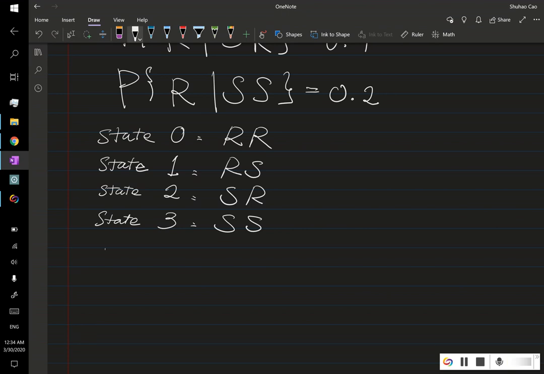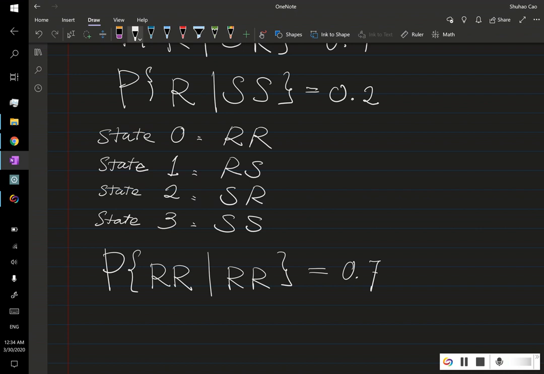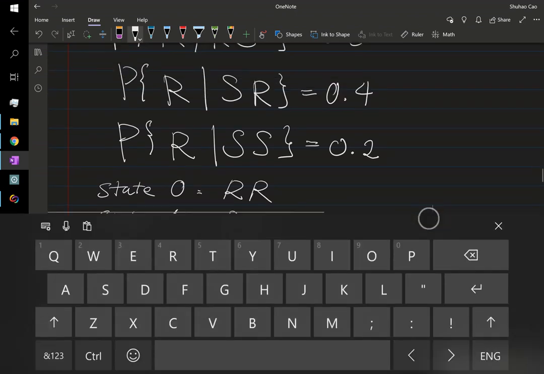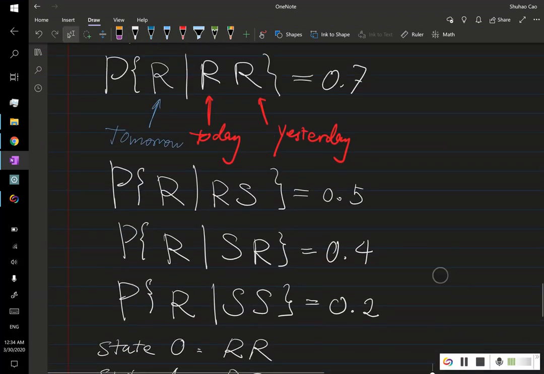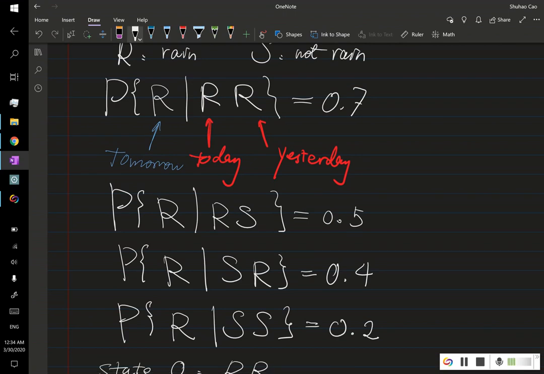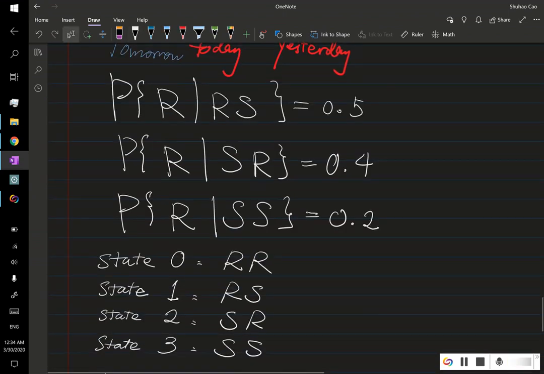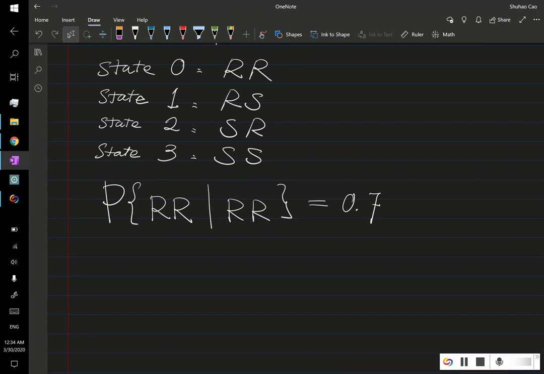So for example, let's first consider state 0 to state 0. This might be a little bit confusing, but let me first write down the numbers. This is 0.7, and it is the same as the first probability here.